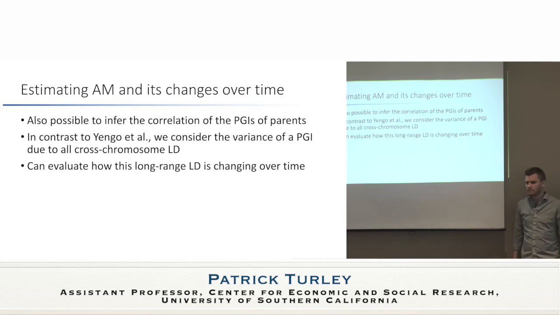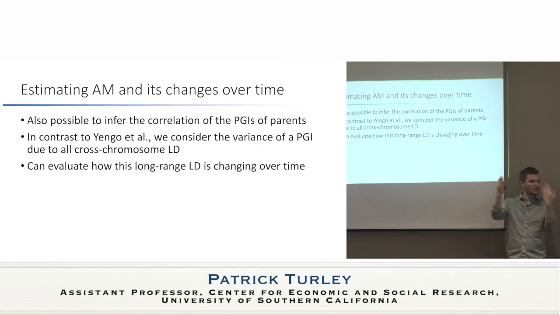So Miles Kimball and I developed a method, Grant also helped out a lot on this project, that allows us to look at the long-range LD in the genome, at SNPs that are associated with different outcomes, and infer what the parental correlation must have been going back in time, at different points in time.